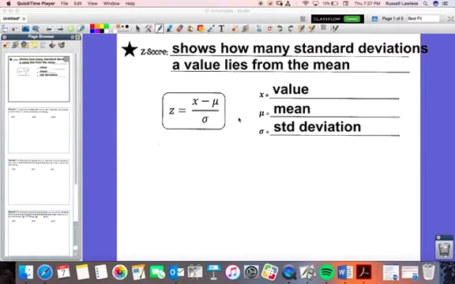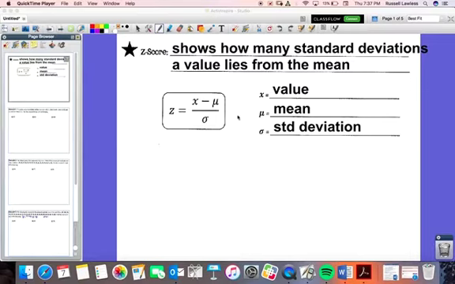A z-score shows how many standard deviations a value lies from the mean. Here, x is equal to your value, mu is equal to the mean, and this little sigma right here is the standard deviation.